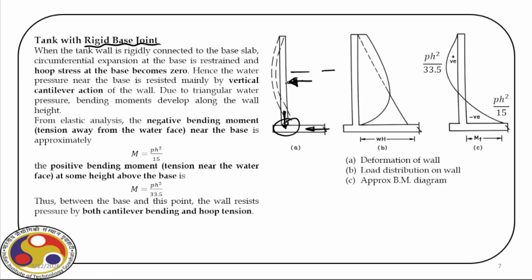Now, at the top, there is a support from the roof. So this vertical wall acts like a cantilever. As you can see, the pressure distribution here. At the bottom, we have the bending moment, which is negative, caused by the pressure, and its magnitude is pH square by 15.